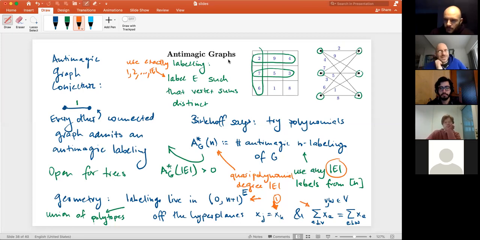Thank you. This is where we do this construction where we allow labels to be repeated on edges. So this would be your starting point for that project.